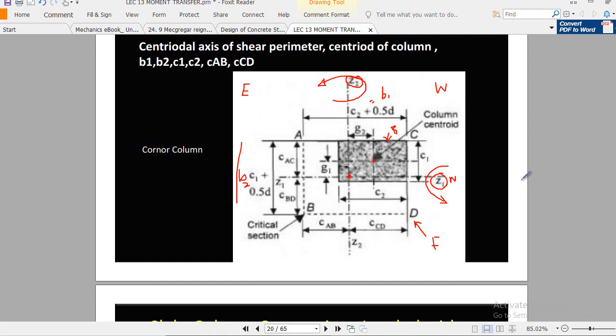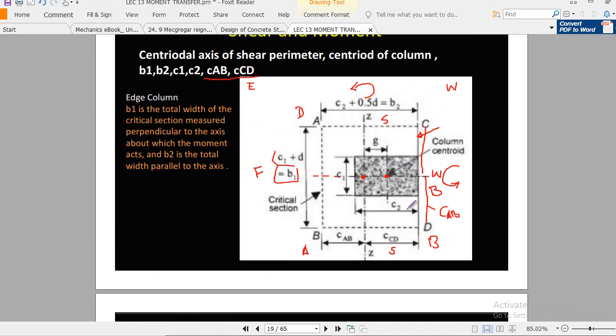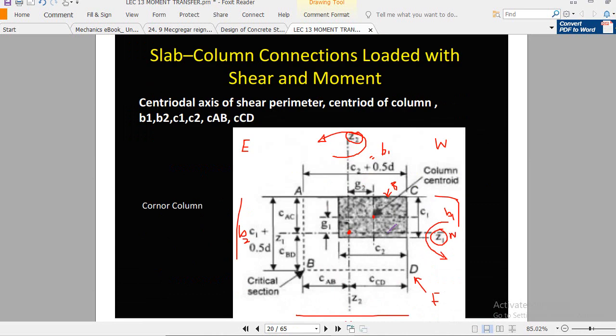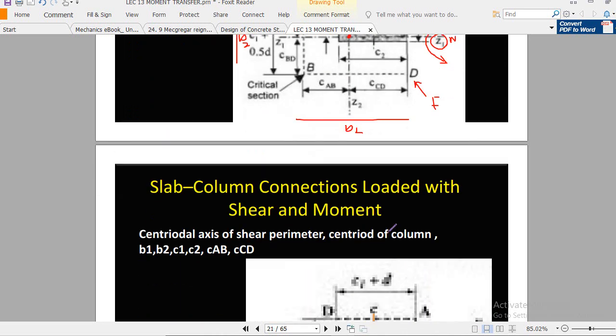But if we consider the moment about the Z axis, you must remember that this side will now be your B1, this CD will be your B1, and this BD will be your B2, right, as we did here.